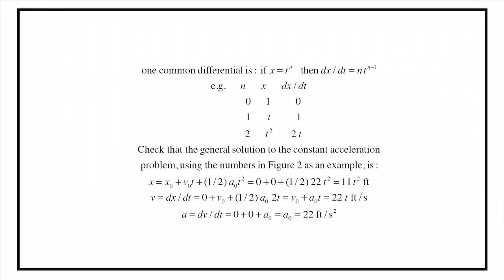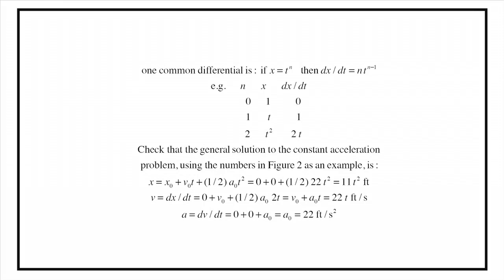And so, for example, the only non-zero line is going to be the one with t squared in it for this particular case. And so x will be proportional to t squared. And then in that x equals t to the nth power, n will be 2.